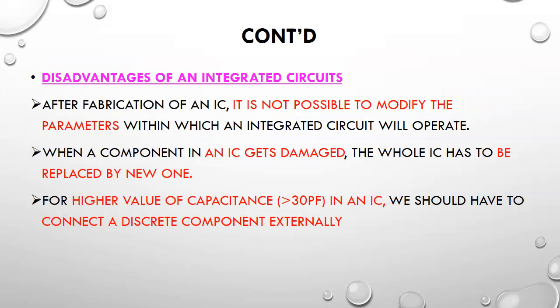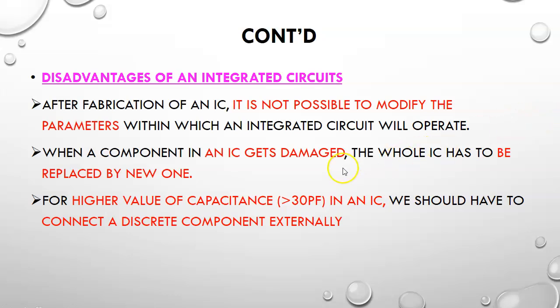However, integrated circuits also have disadvantages. If you construct all the components in a single chip, it is not possible to modify the parameters at which an integrated circuit will operate. When any one of the components gets damaged, the whole IC has to be replaced by a new one.